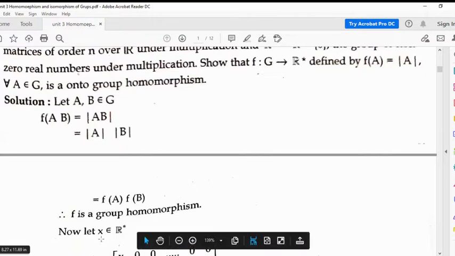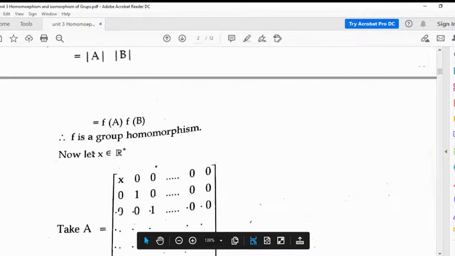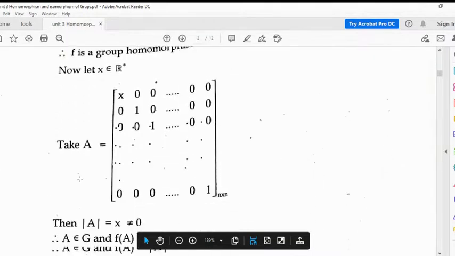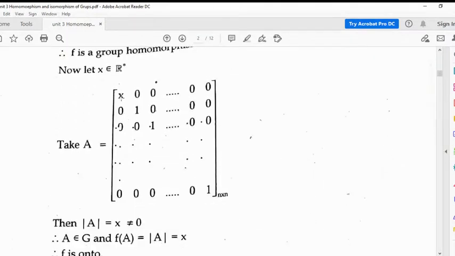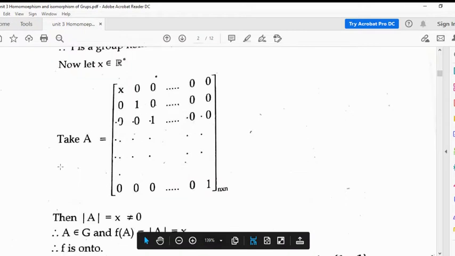So let x belongs to R star. So for that x, we can define this matrix A, with x as the first entry, and all other entries 0, and all other diagonal entries 1.